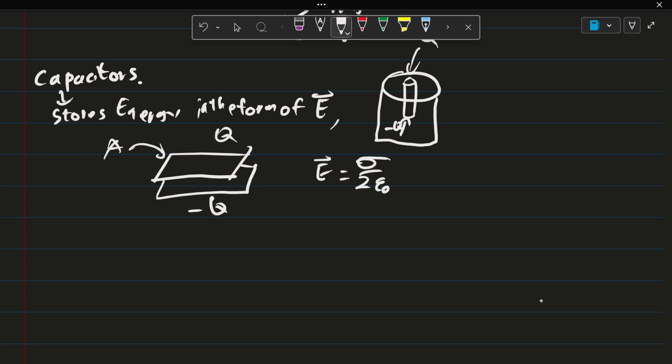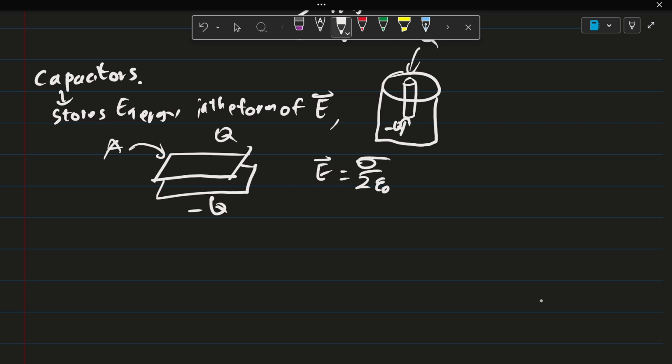And by the way, last time when I discussed this, I somehow got sigma over epsilon 0, which is not the correct case, but it could be used when you're dealing with a surface of charge. But for plates, it should be sigma over 2 epsilon 0 for its electric field.